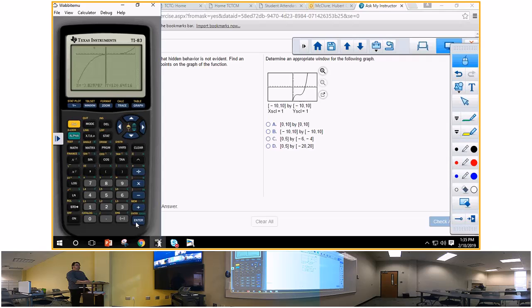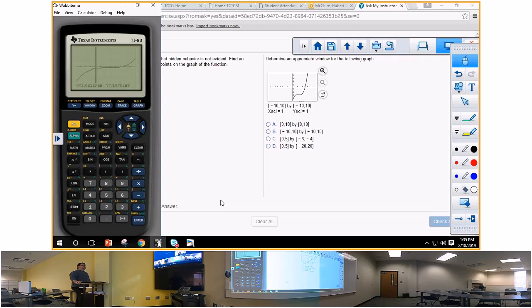Then I draw a box around what I want to see, just like if you were to drag a mouse, and I hit enter. That draws that section. So this is a calculator drill.